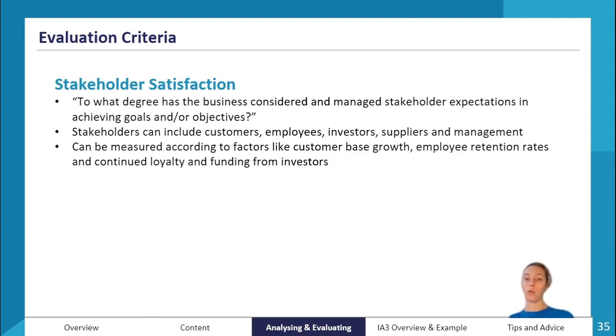If you are having employees stay with you, then they're probably satisfied. If you've got your customer base increasing, then maybe that's an indicator that not only are your existing customers staying with you, but maybe they are generating that word of mouth where they're spreading the word about your business and helping you increase your customer base.